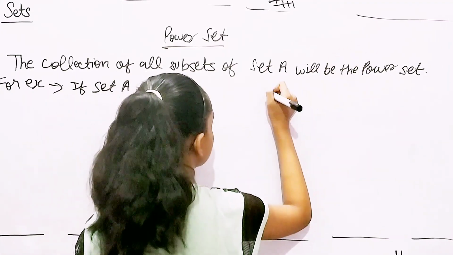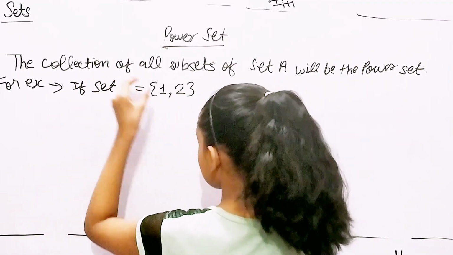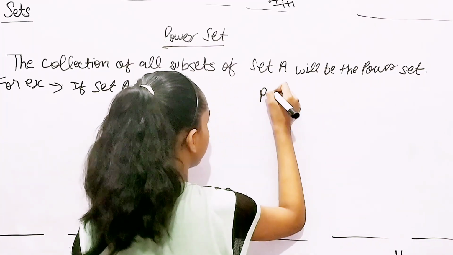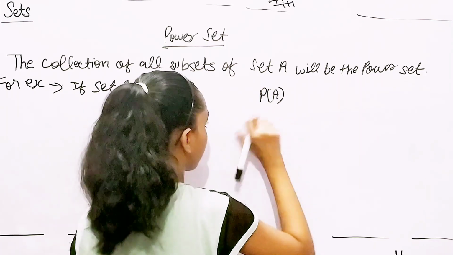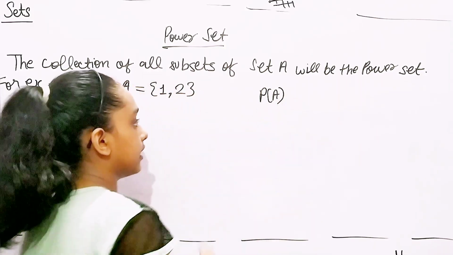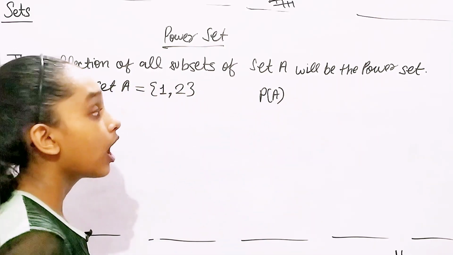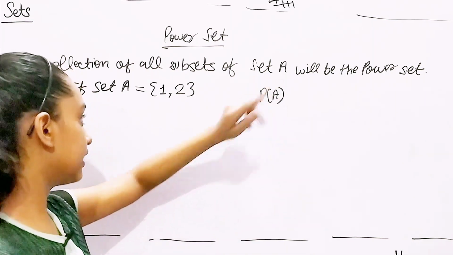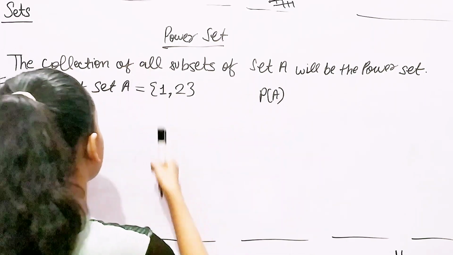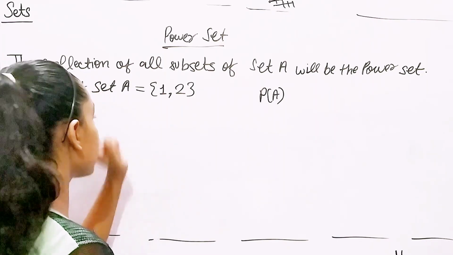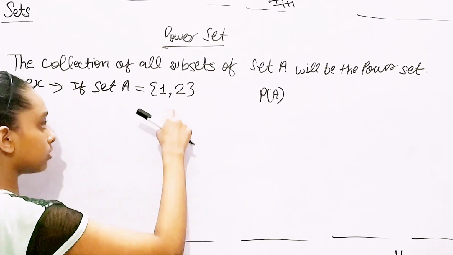So how do we represent the power set? We have set A, so I'm going to say it's going to be P of A, the power set of A. So we have to find P of A, all the possible subsets of the set, with 1 and 2 as the elements.